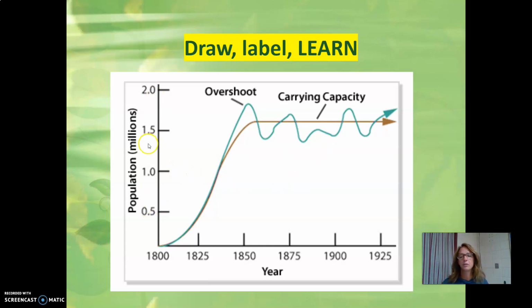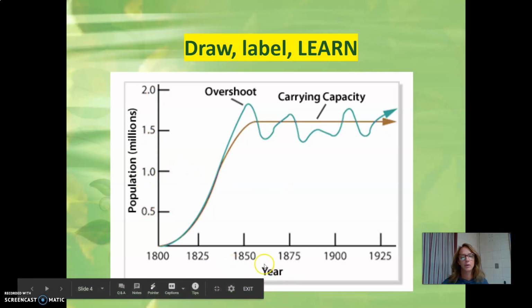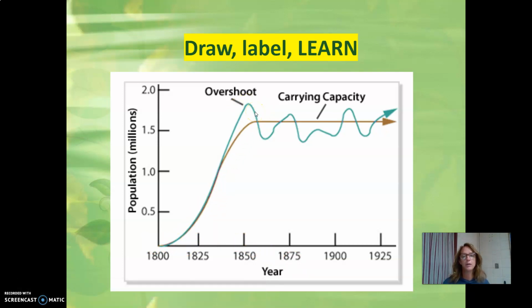So population is the y-axis, and we're going over time. So we're counting how many of this organism is there each year, and you'll notice that there's an overshoot, and this would be normal. So if this was a bunch of squirrels, maybe there's lots and lots of food, so the squirrels have lots of babies.